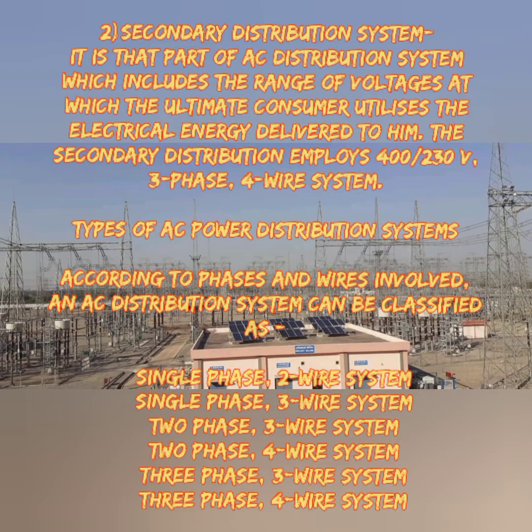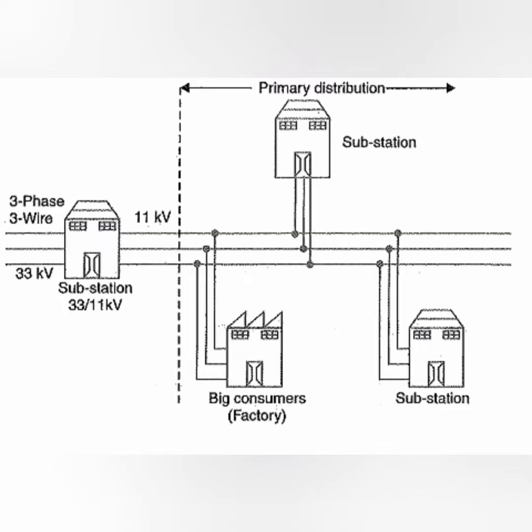So this is a 415 volt or 230 volt supply which is given to your household, and it is further classified into different types of wiring systems, like single phase 2 wire, single phase 3 wire, two phase 3 wire, two phase 4 wire, then three phase 3 wire, and three phase 4 wire. These are the types of wiring connections done for distribution.